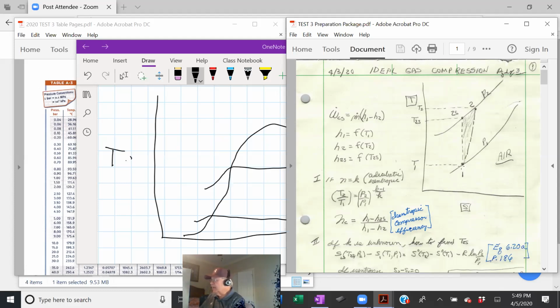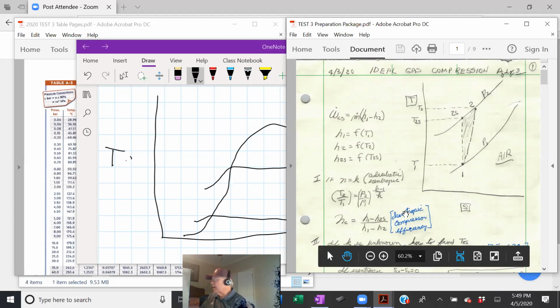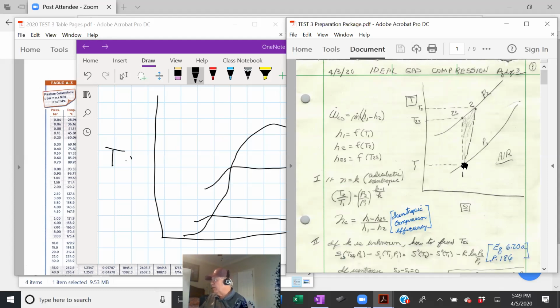We start off at state 1 and we compress, and theoretically, if we've got a really good compressor, we will call our compression isentropic, reversible adiabatic compression. And this is our ideal compression. So we go from state 1 to state 2 isentropically.